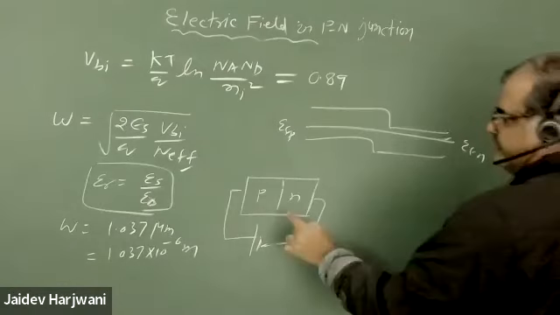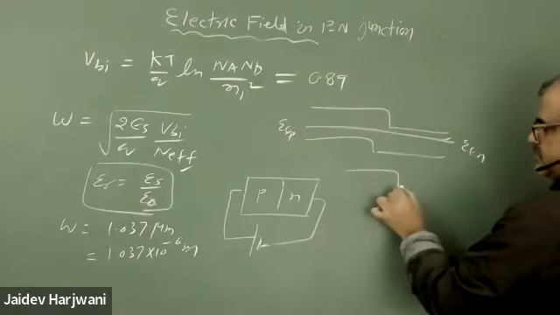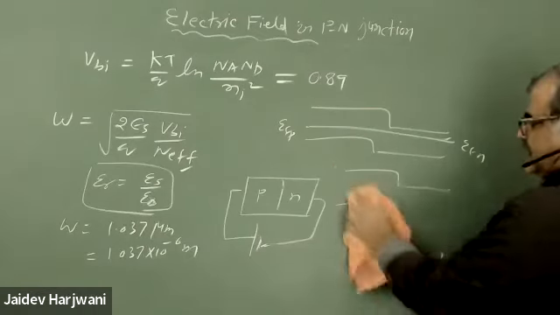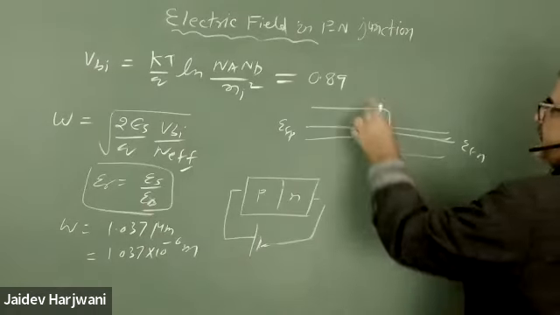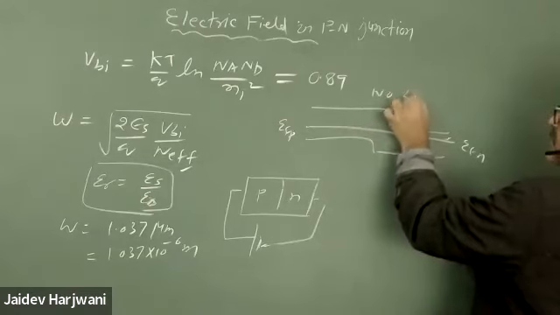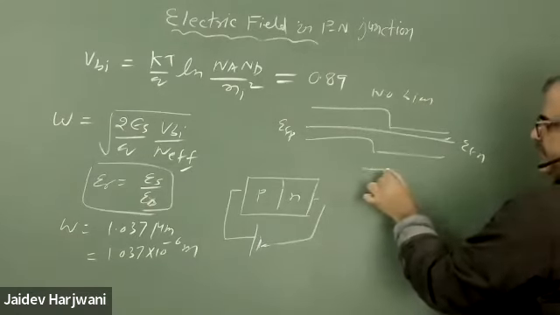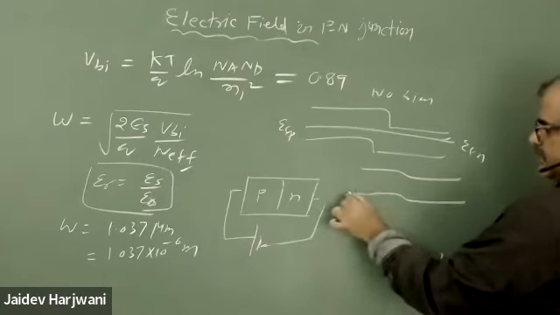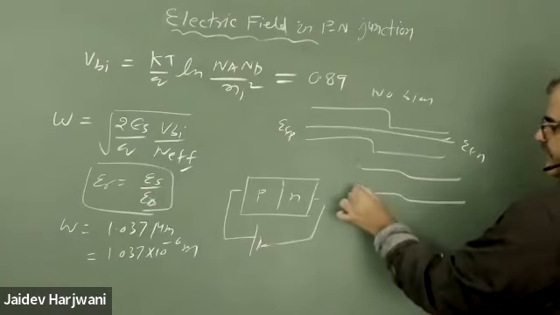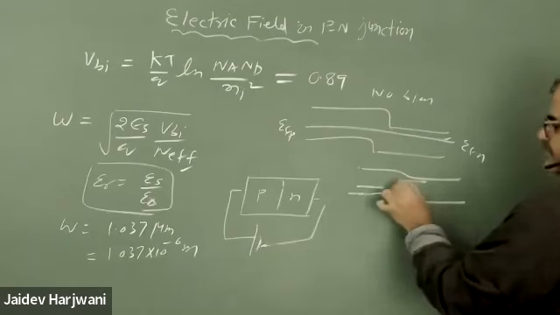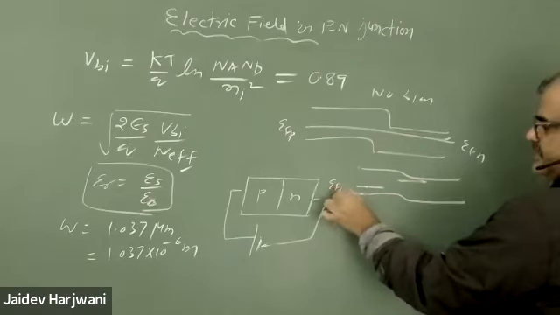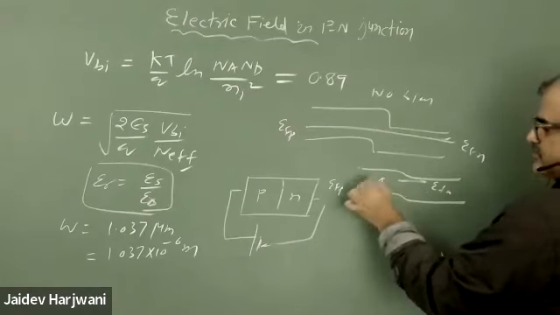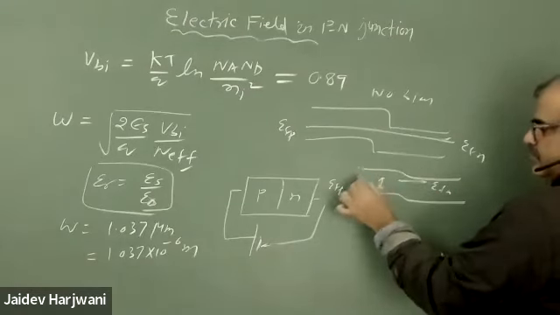When you apply forward bias, this gap decreases. EFP is down and EFN is up, and the gap between these two is your applied voltage, qVF.